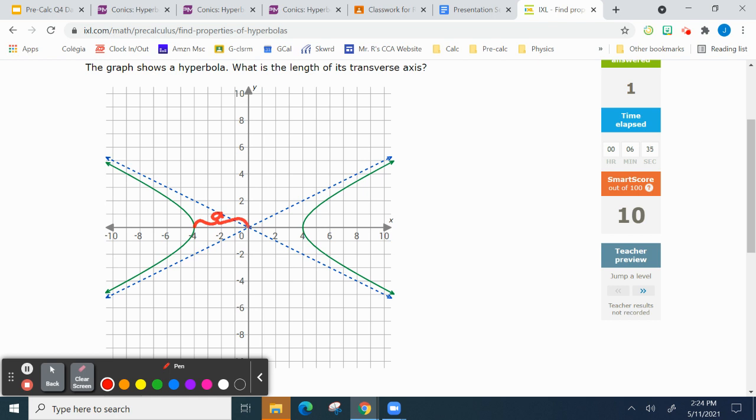And the transverse axis goes from one vertex to the other vertex. That's the transverse axis. So the transverse axis equals 2a, and this will be important later because you'll be finding a and then the length of the axis.